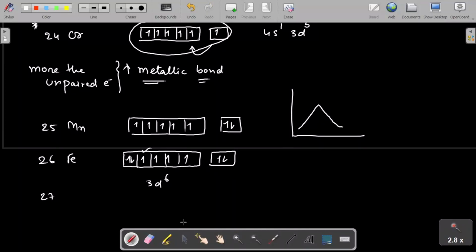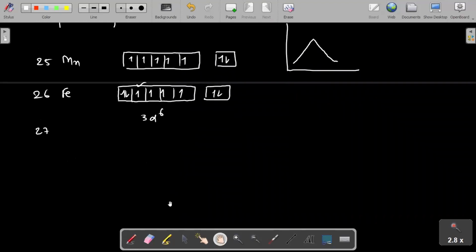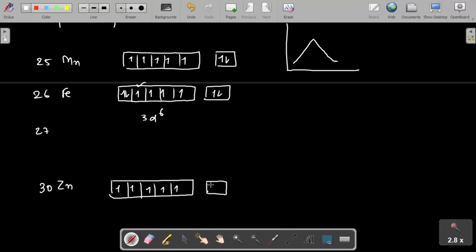Okay, and if we reach the last element of 3d series, that is zinc, what we find is it has completely filled orbitals, completely filled 4s and 3d10.